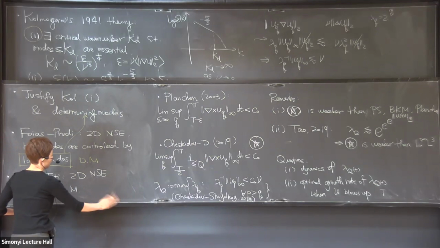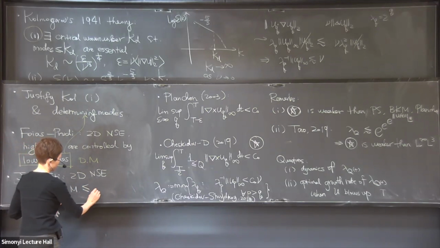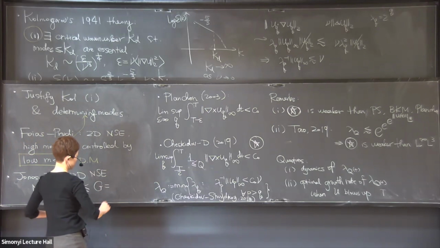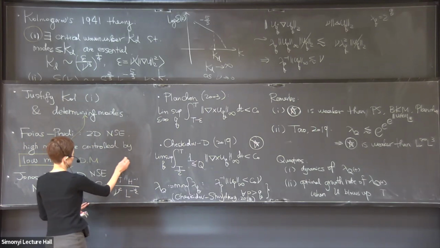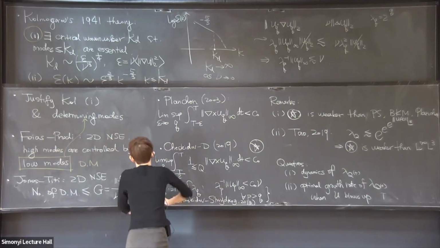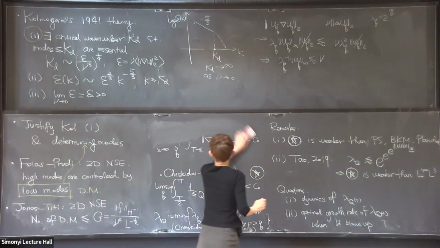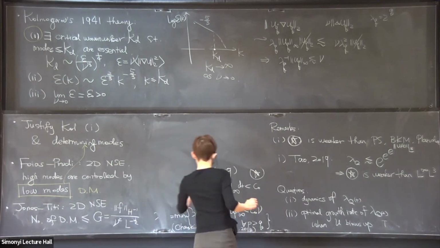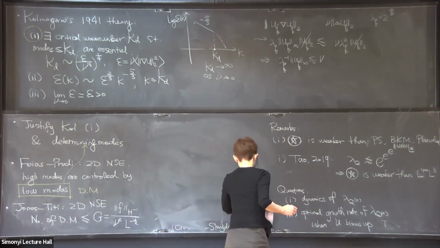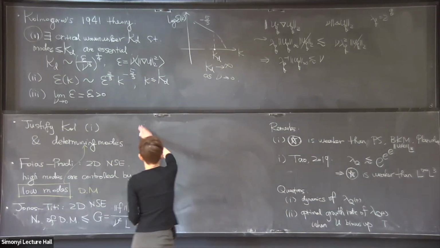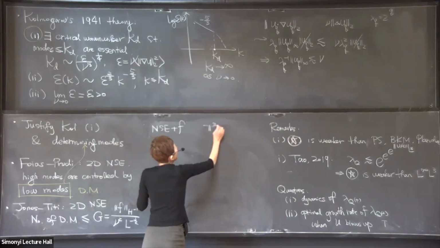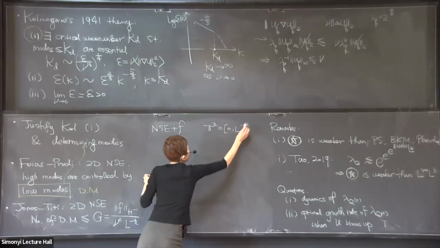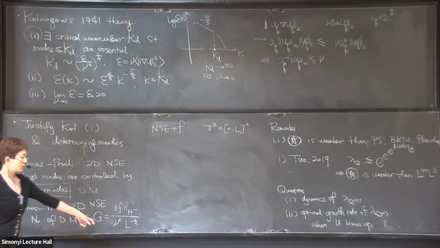The number of modes is bounded by the Grashof constant, and I'll explain that. Here we consider the problem on a 2D torus with a force. The size of the torus is 1. So that's the Grashof constant.